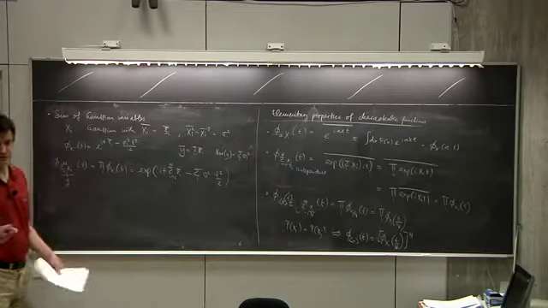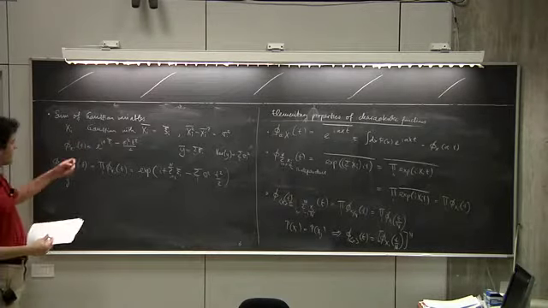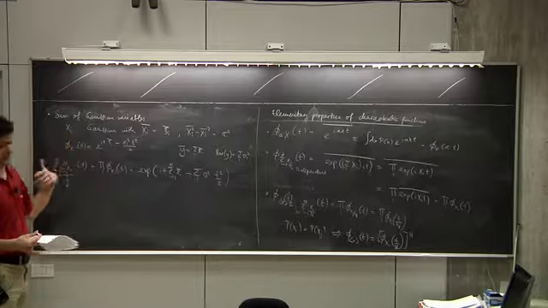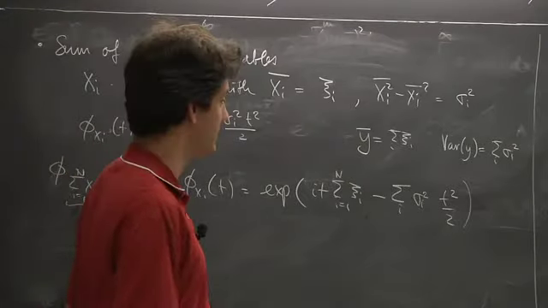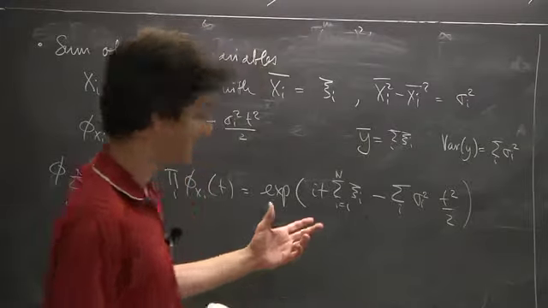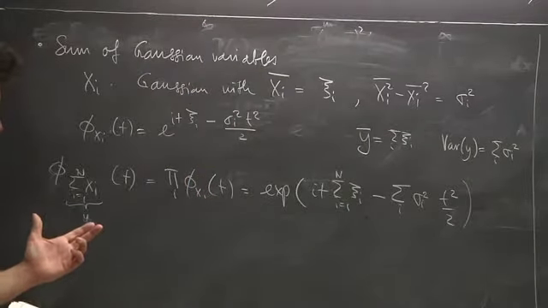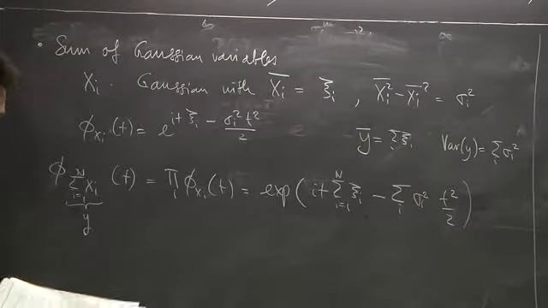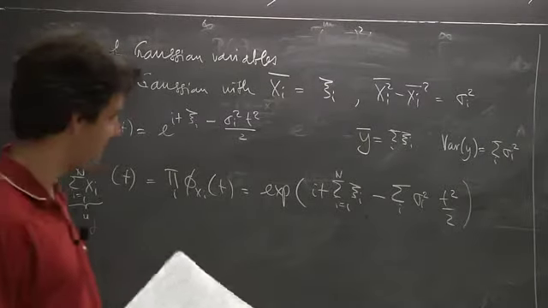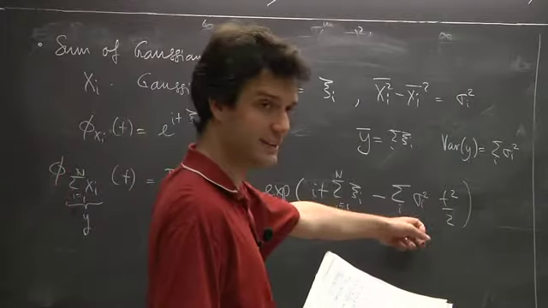That is always true, completely independent of whether x_i is Gaussian or not. That's just the independence of the variables, right? So, but what is more particular here? Yes, it's still a Gaussian, right? This is still a Gaussian.